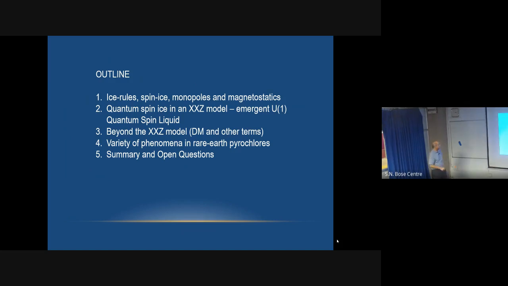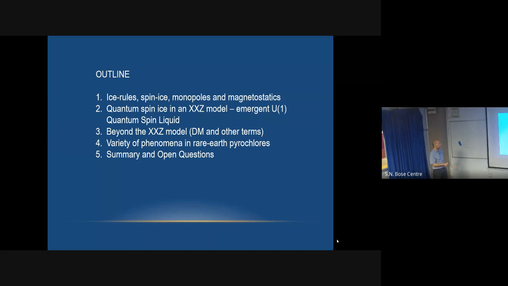Okay, so the outline for this talk is as follows. First, I'd like to talk about ice rules, the ordinary water ice or a particular phase of ice from where the name is derived. Then the concept of spin ice, the idea of magnetic monopoles in this spin ice, and also how it is described by an emergent magnetostatics. Then I'll talk about quantum spin ice in the XXZ model. This is something which is well understood theoretically.